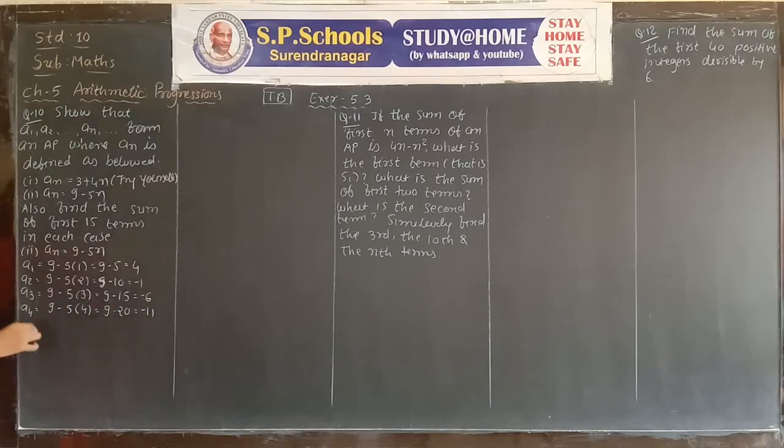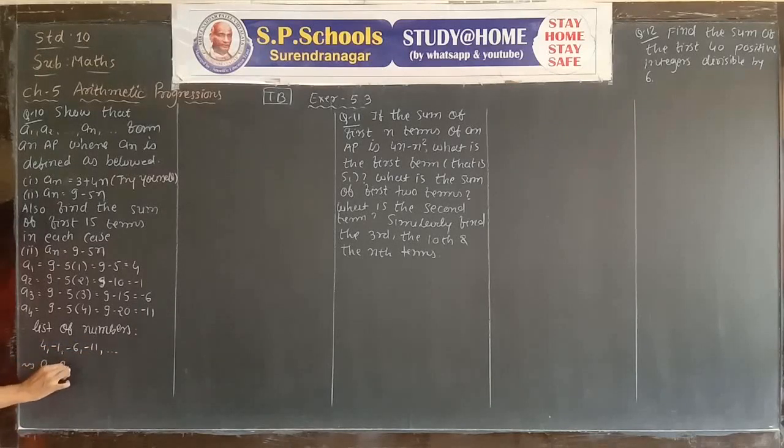Here the list of numbers is obtained. Therefore, the list of numbers is 4, minus 1, minus 6, minus 11, up to infinity. To find whether it is an AP or not, we need to check the difference between the consecutive terms.